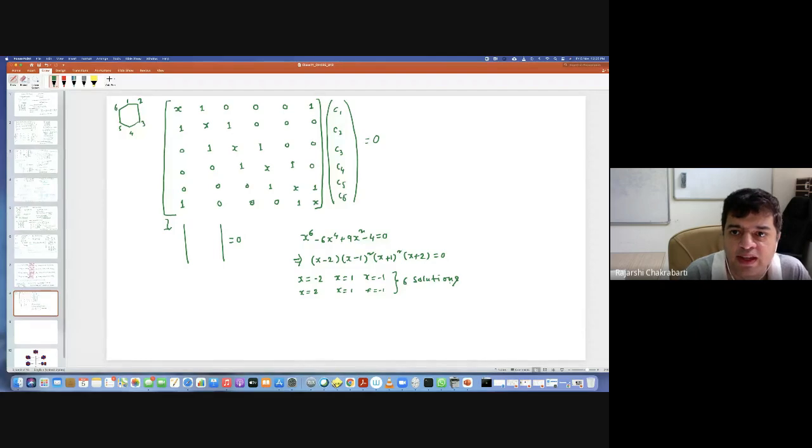And if I draw the energy levels, let me draw it here. The lowest one is alpha plus 2 beta. This is for x equal to minus 2, I guess, because you know x is alpha minus E over beta.